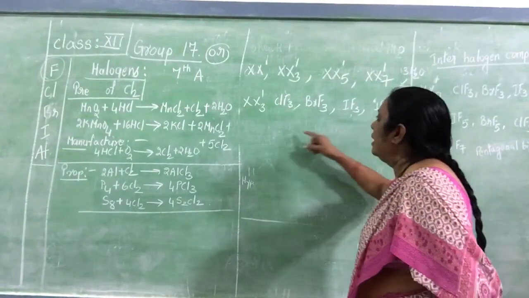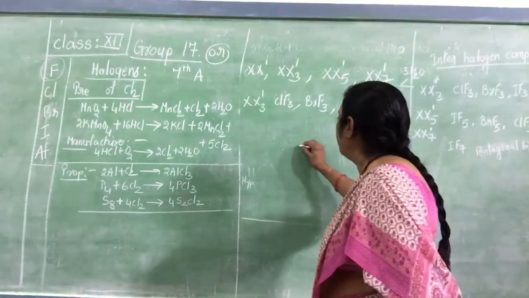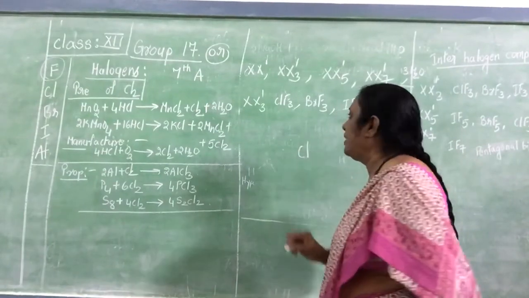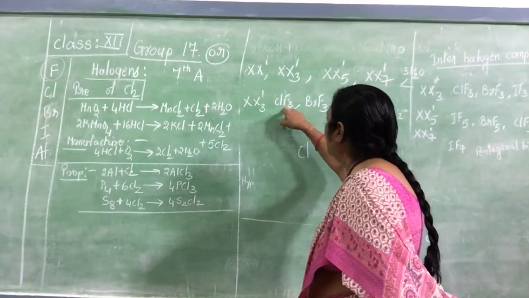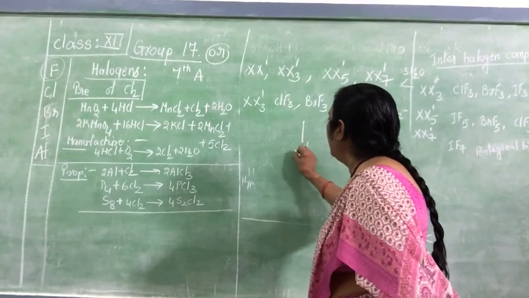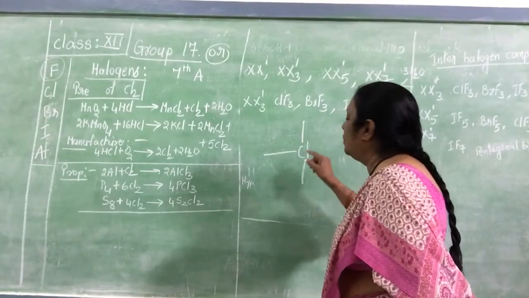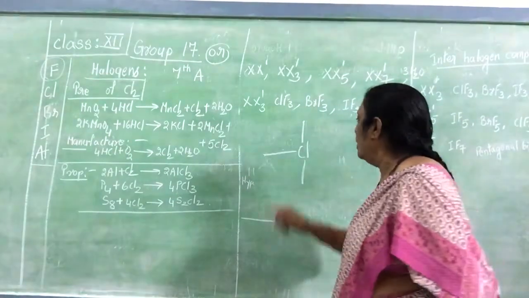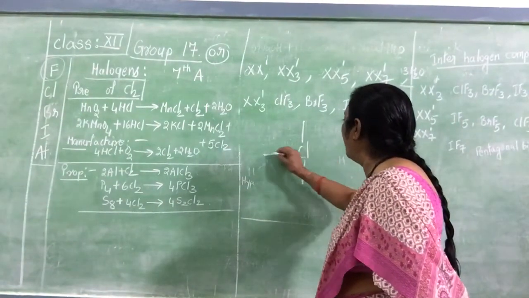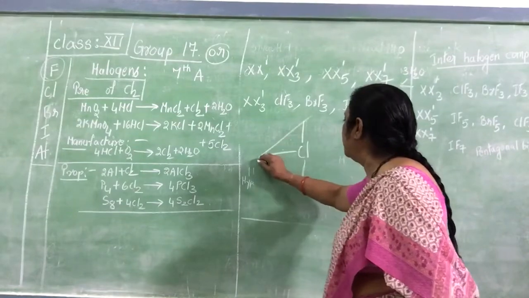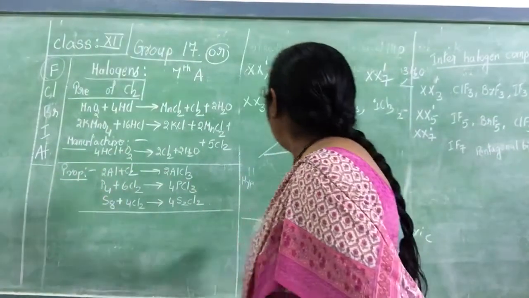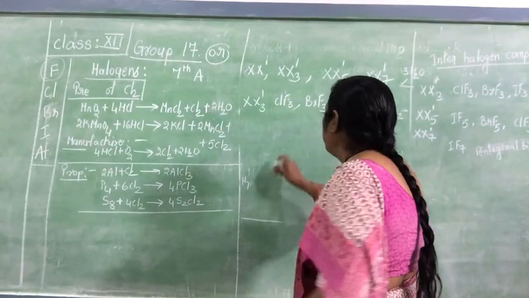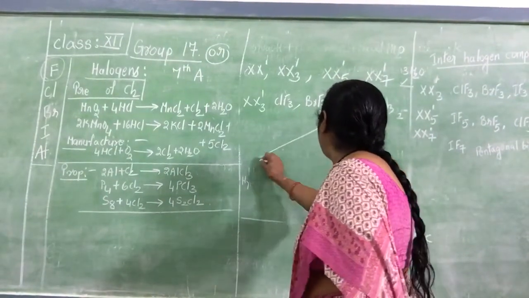What is the structure? Now let us start with ClF3. Now Cl is having 7 electrons. Out of the 7 electrons, 3 electrons are given to the 3 fluorine atoms. And 2 lone pairs of electrons are there. 3 plus 2 lone pairs of electrons. So the structure which is formed is trigonal bipyramidal.